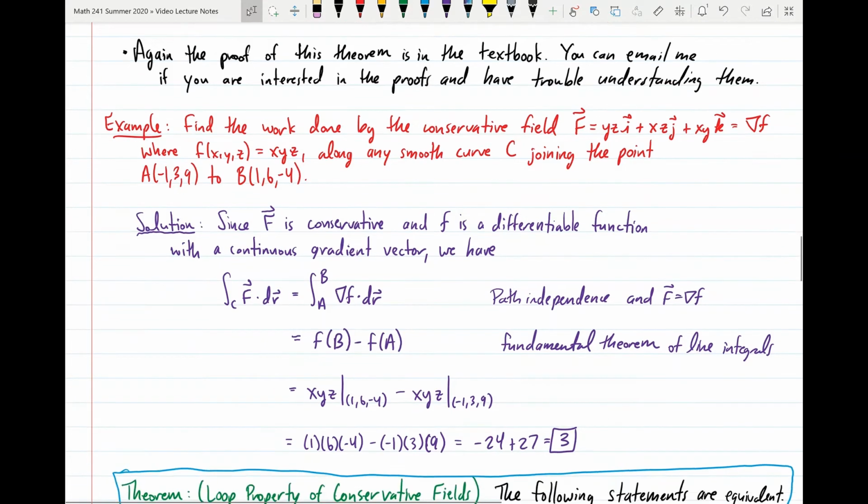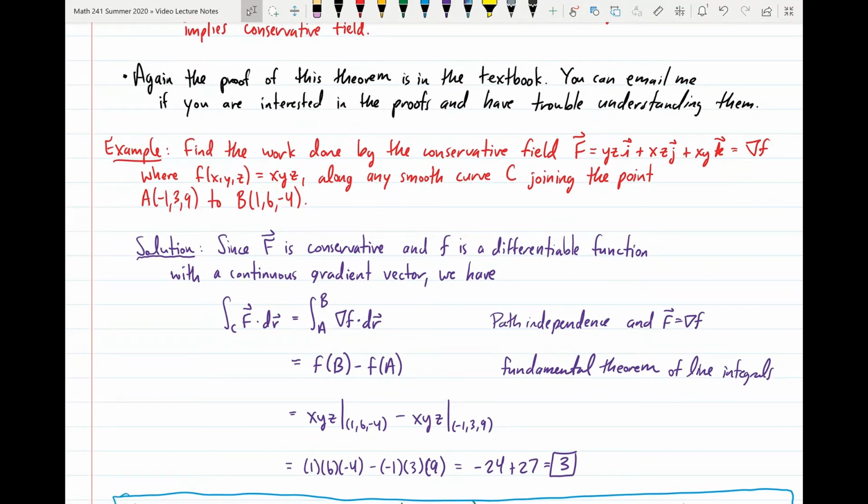Okay, so let's move on to another example. Let's say we want to find the work done by the conservative field F = yz i + xz j + xy k, which is equal to the gradient of f, where f(x,y,z) = xyz. You can check if you want that this vector field is in fact the gradient of this function f(x,y,z).